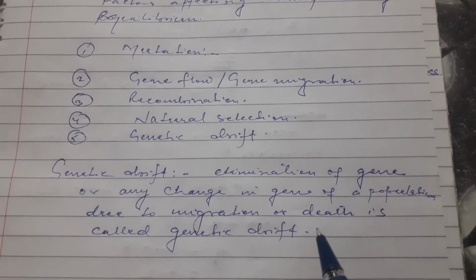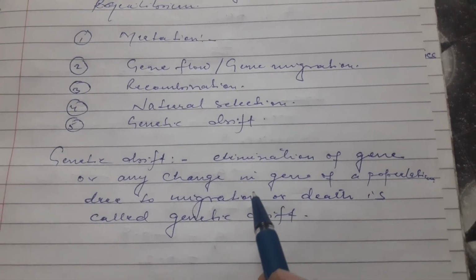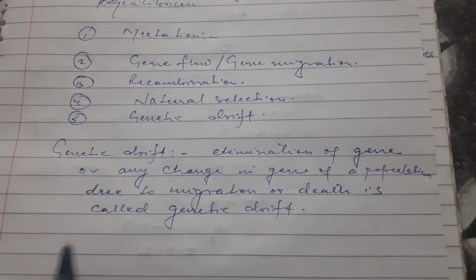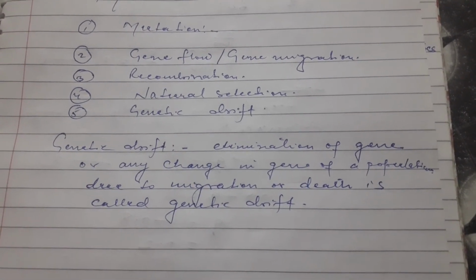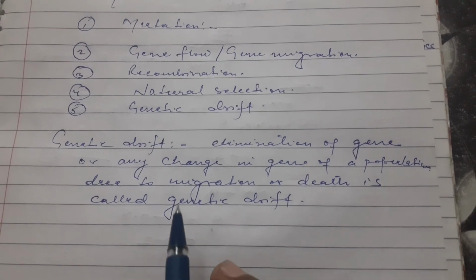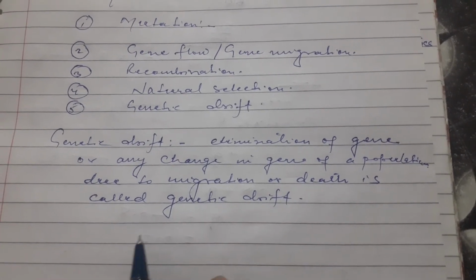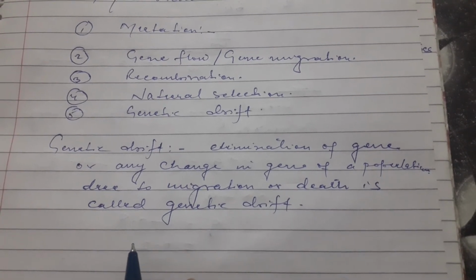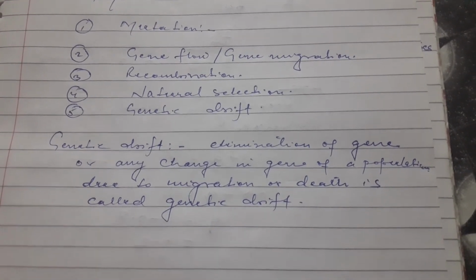It means if any gene is either eliminated, removed from the gene pool of a population, or a gene may be altered, and it may happen due to migration or death. This is called genetic drift.